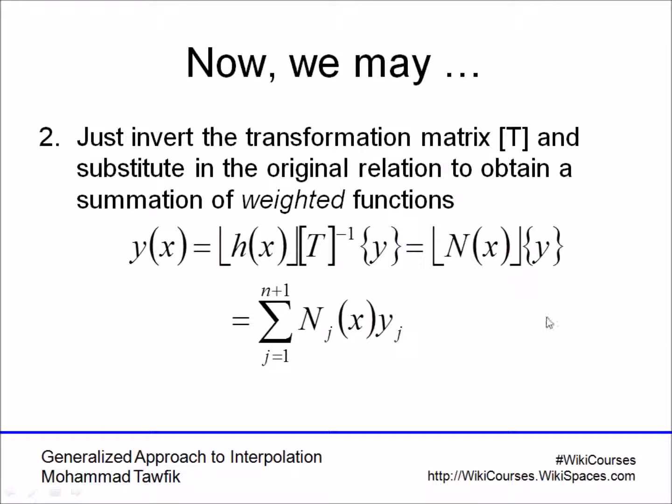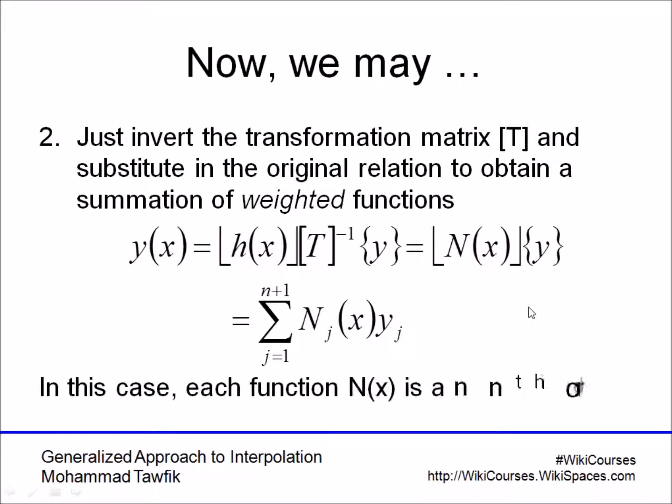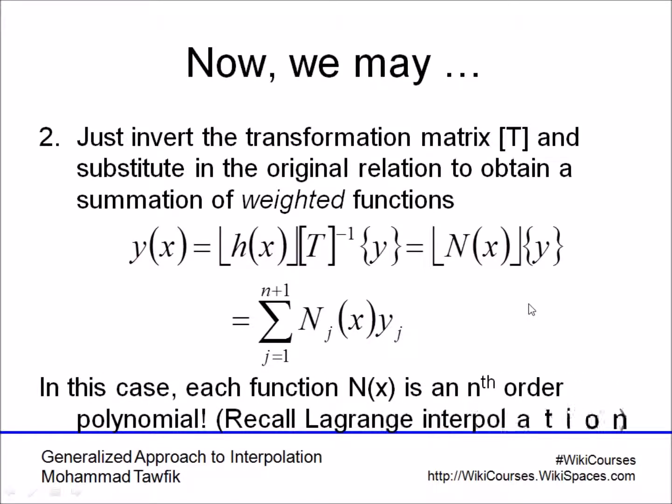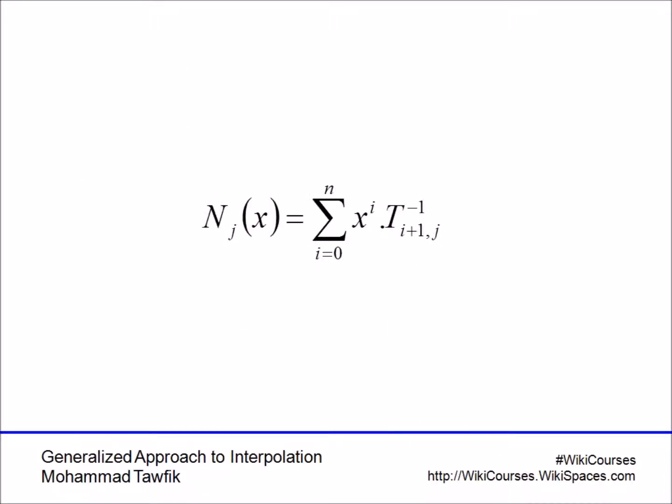You'll obtain what we call in finite element analysis the shape functions. And you can verify all this by yourself. So this is the general form of N_j: N_j is a summation of x to the power i multiplied by T inverse, i plus 1, j.